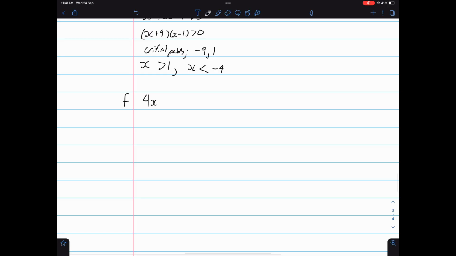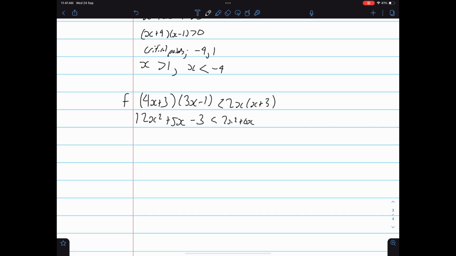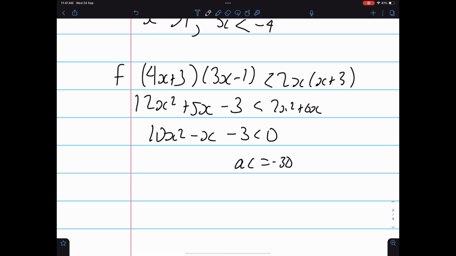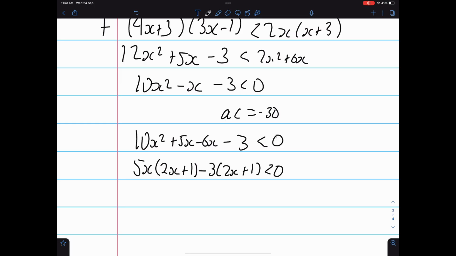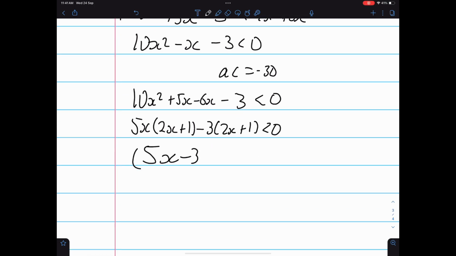F is (4x plus 3)(3x minus 1) less than 2x(x plus 3). 12x squared plus 9x minus 4x minus 3 less than 2x squared plus 6x. 10x squared minus x minus 3 is less than 0. (2x plus 1)(5x minus 3) less than 0.